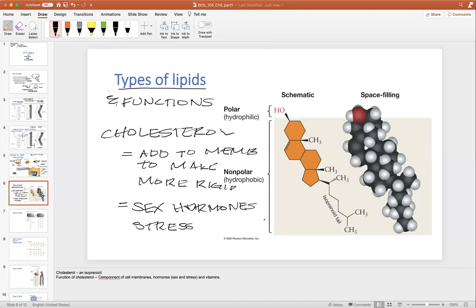So if you've heard of testosterone and estrogen, those are steroids that are derived from cholesterol. If you've heard of cortisol, that is a steroid that is derived from cholesterol, and those are hormone types, okay? And then the last thing that cholesterol is involved in is vitamin synthesis.